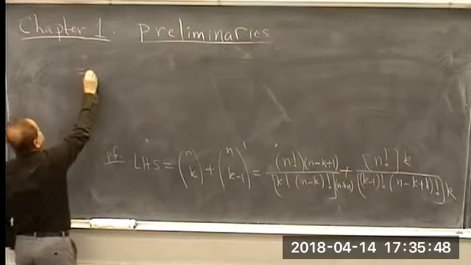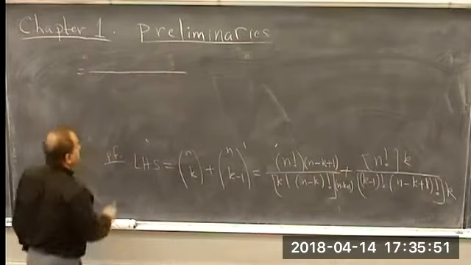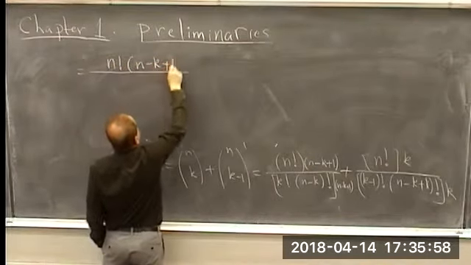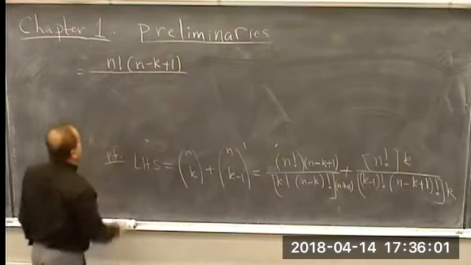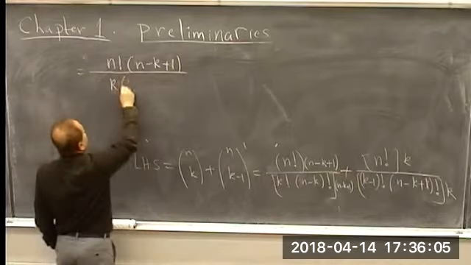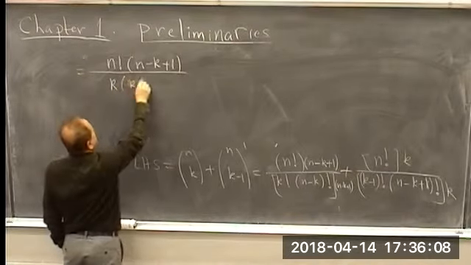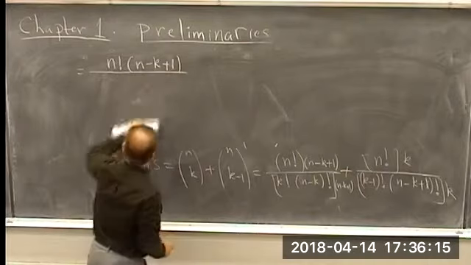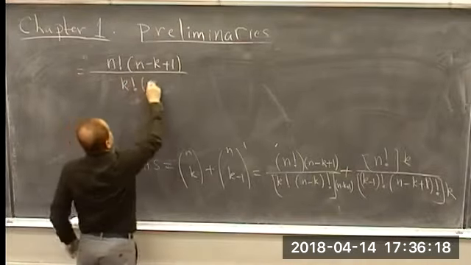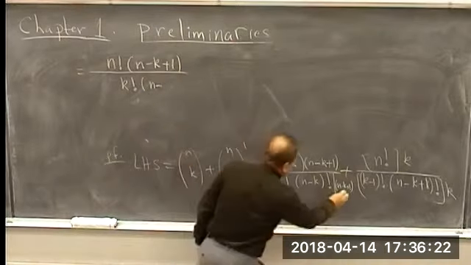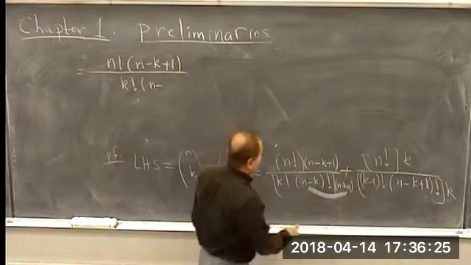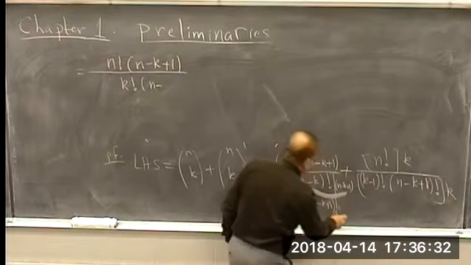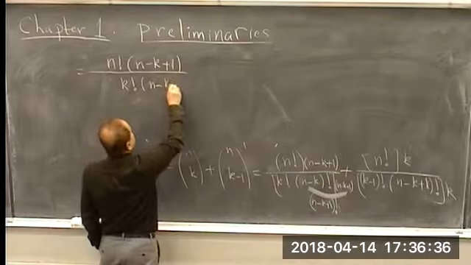So that's equal to, looking at the first, n factorial times n minus k plus 1, over k factorial times n minus k factorial together with the n minus k plus 1, which gives me n minus k plus 1 factorial.